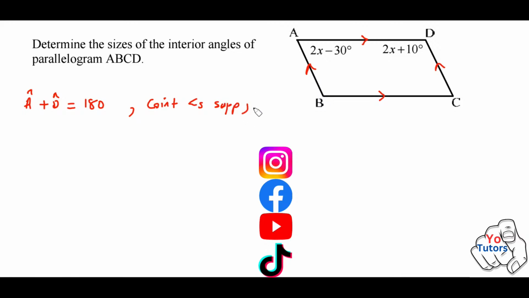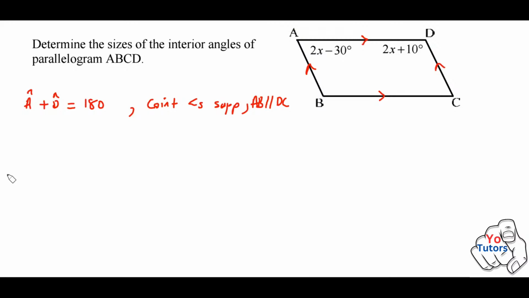Why are you saying that they are supplementary? Because we know that AB is parallel to DC. That's what is giving us that confidence. This is how you should write it, and you have already given your reason.